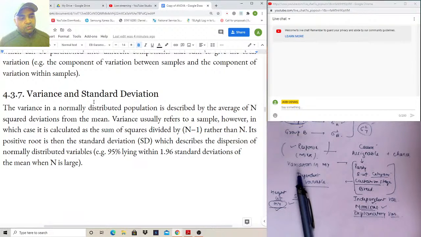Its positive root is then the standard deviation. If you take the positive square root of that variance, it gives you the standard deviation, which describes the dispersion of a normally distributed variable. We have already studied the normally distributed variable. Say, for example, 95% lying within 1.96 standard deviations of the mean when n is large. Okay.